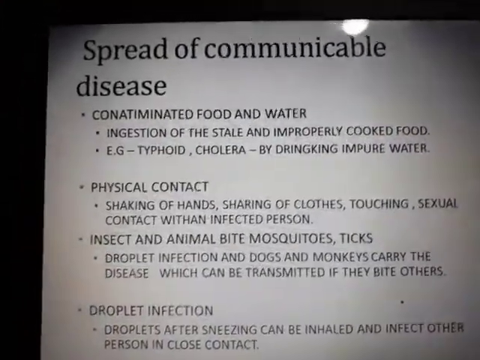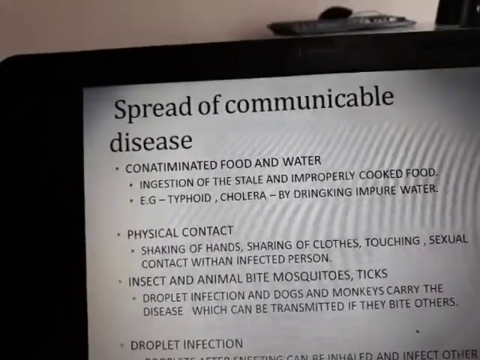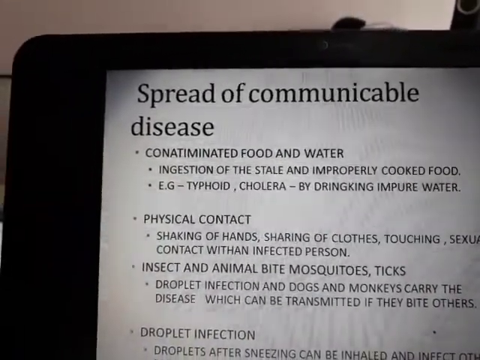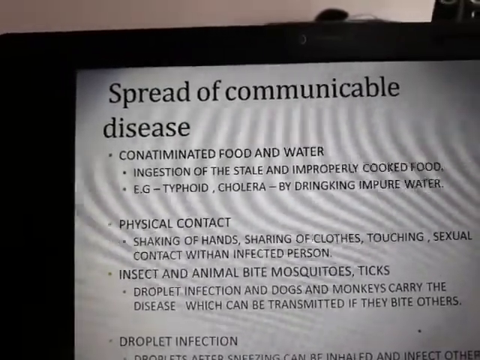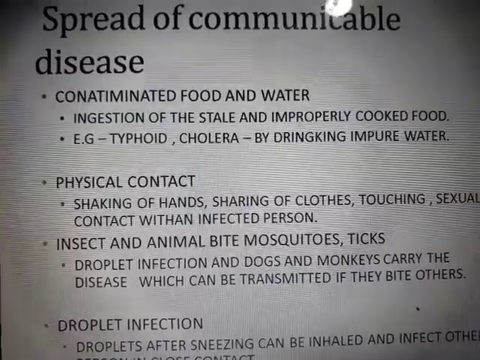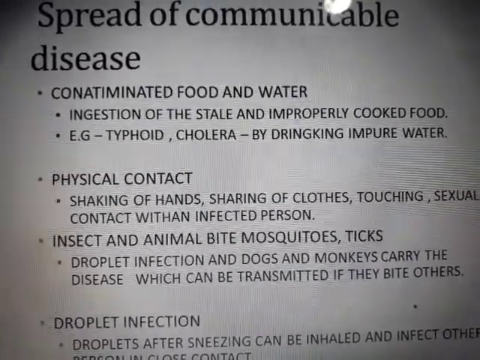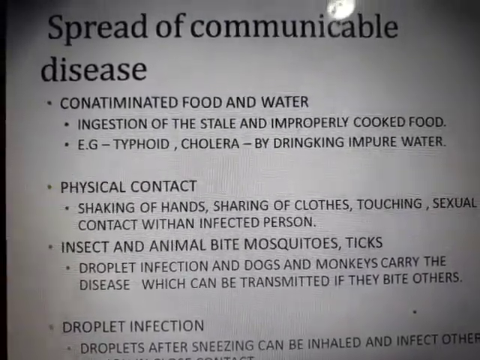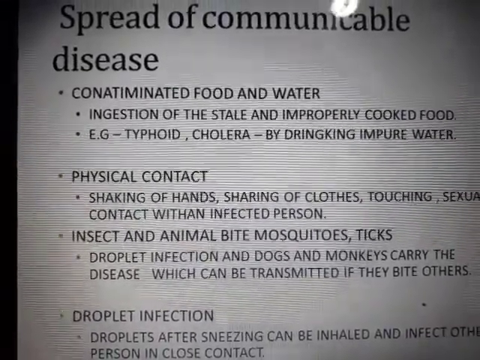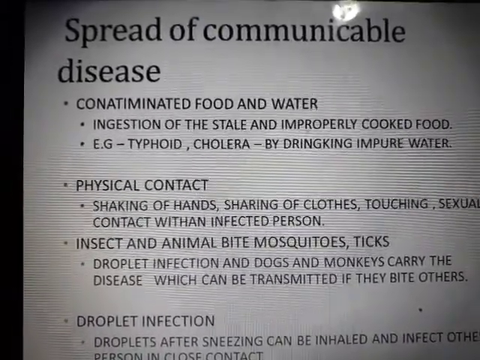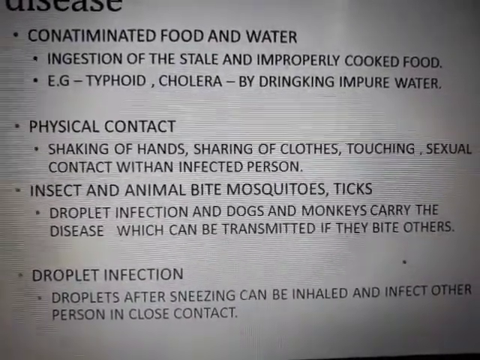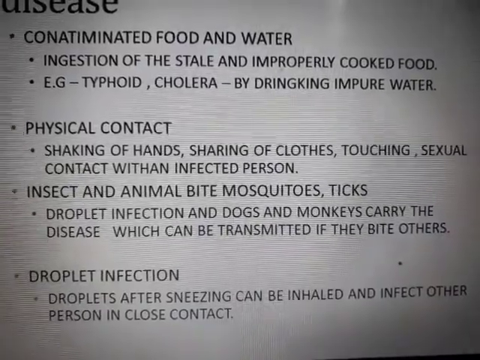Okay, then, done with the pathogens and vectors, those responsible for carrying the disease. Then how do they spread around? Obviously contaminated food and water. If you have stale and improperly cooked food, for example typhoid and cholera, these can be caused by drinking impure, improperly filtered, contaminated water. Physical contact: shaking hands, sharing clothes, touching, sexual contact with an infected person.